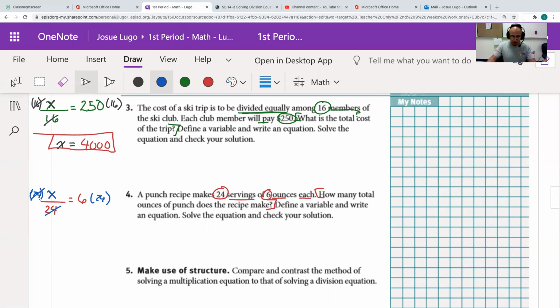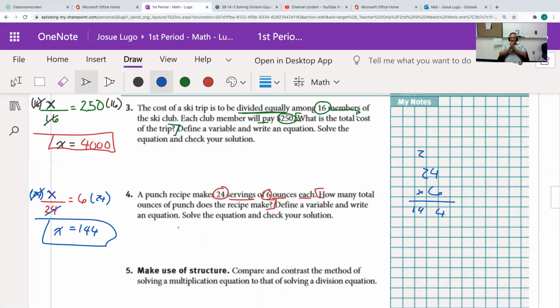Or 24 over 24, that's 1. 1 times x is x, and then 6 times 24 should give us, well, let's multiply it out. 24 times 6, 6 times 4 is 24, 6 times 2 is 12, plus 2 is 14, it will give us 144. And that is my answer.